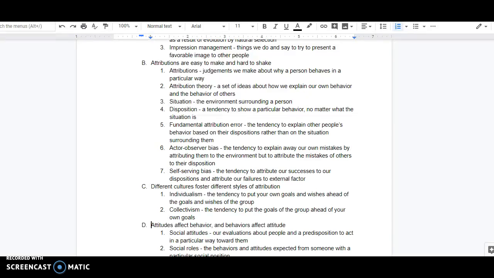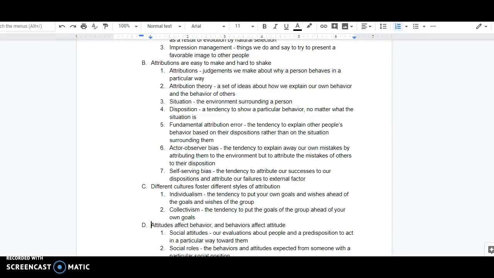But there are also times when we may underestimate the effects of disposition, and that's when we think about our own mistakes. This is the actor-observer bias, a tendency to explain away our own mistakes by attributing them to the environment and to attribute the mistakes of others to their disposition.